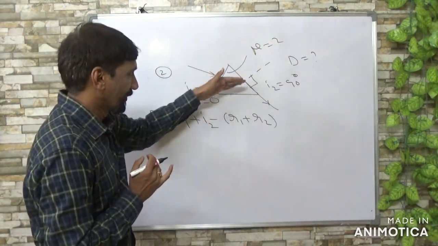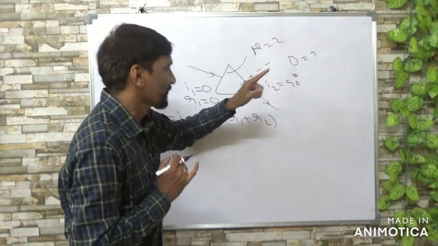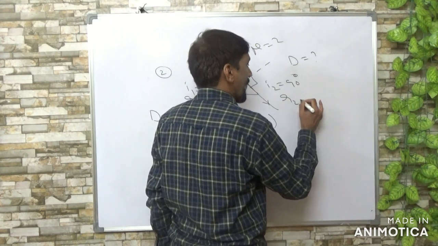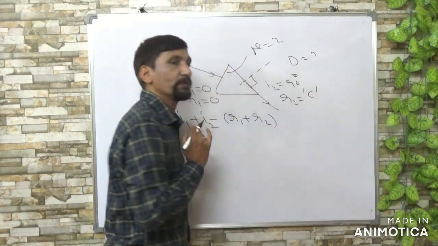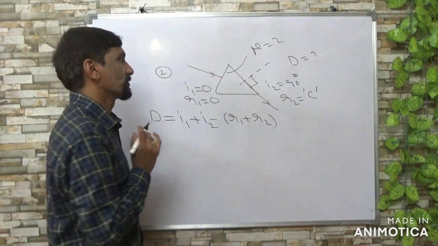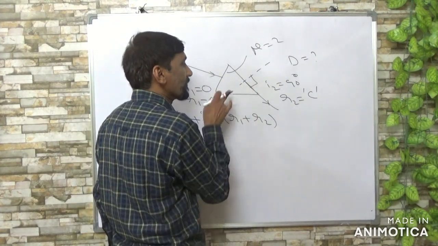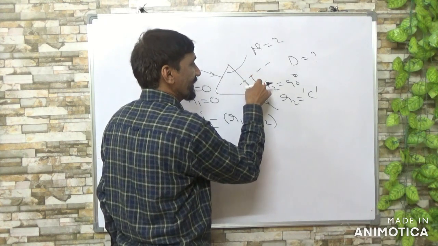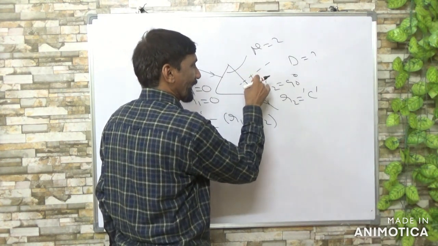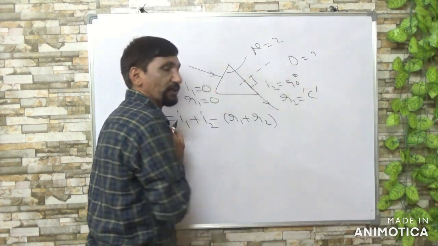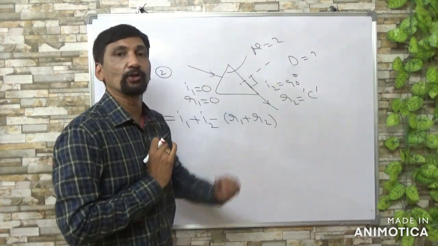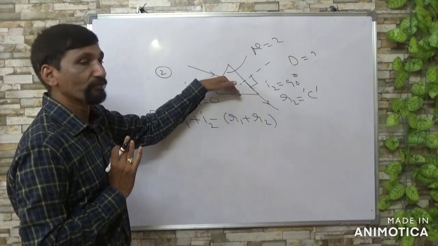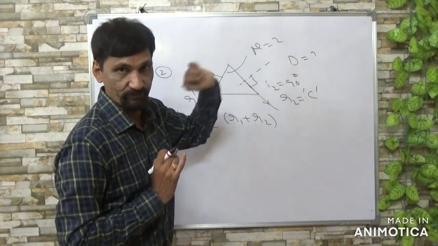With reference to the normal, it is grazing on the surface, so I2 is 90 degrees. Then about R2. R2 will become the critical angle. Why? Because when a light ray moves from denser to rarer and the angle of refraction becomes 90, the corresponding angle of incidence is said to be the critical angle. It is moving from denser to rarer.